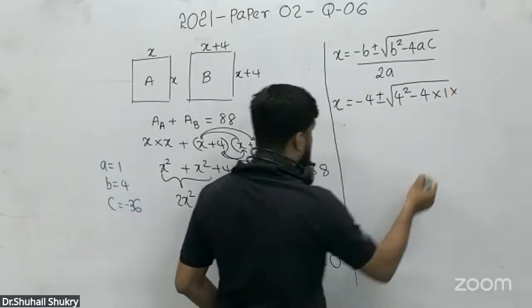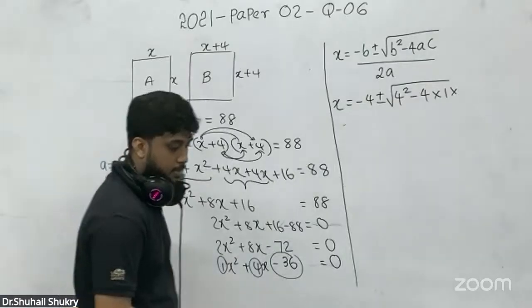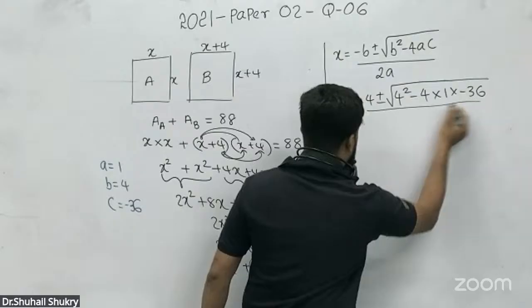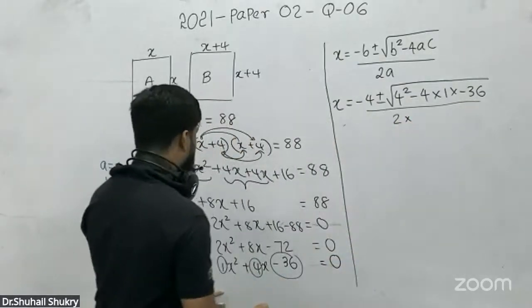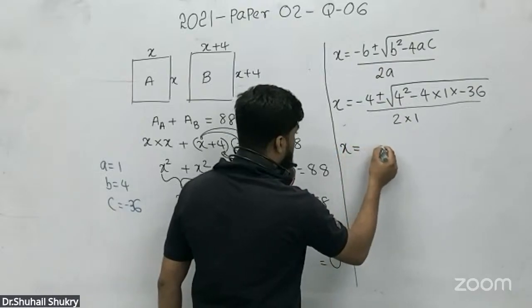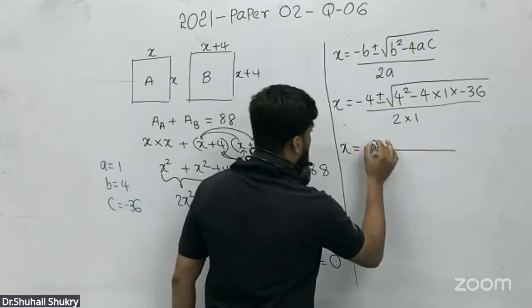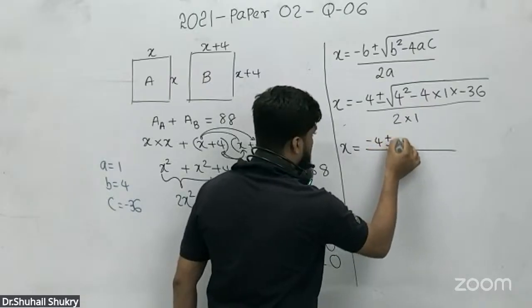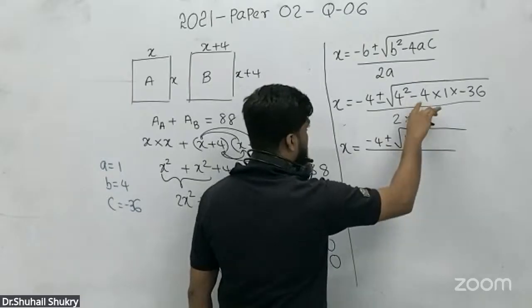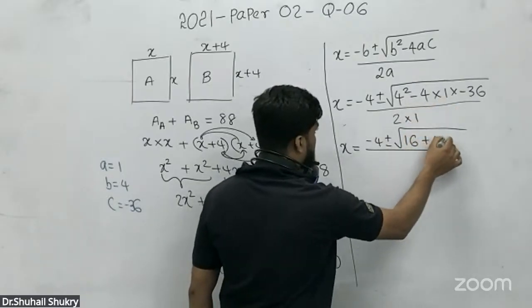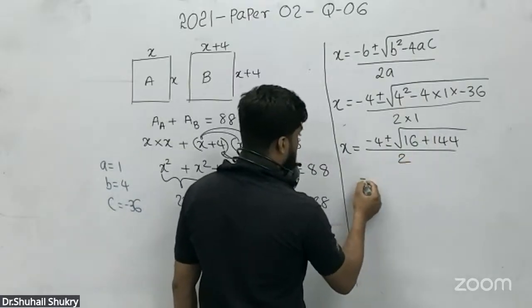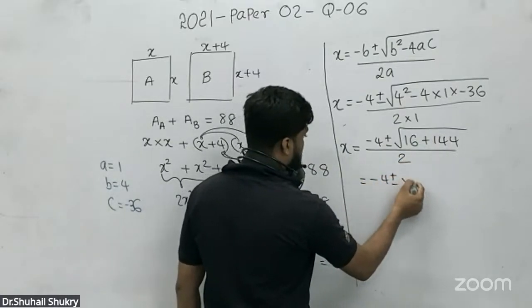So x equals minus 4 plus or minus square root, 4 squared is 16, minus into minus is plus 144. Divide by 2.